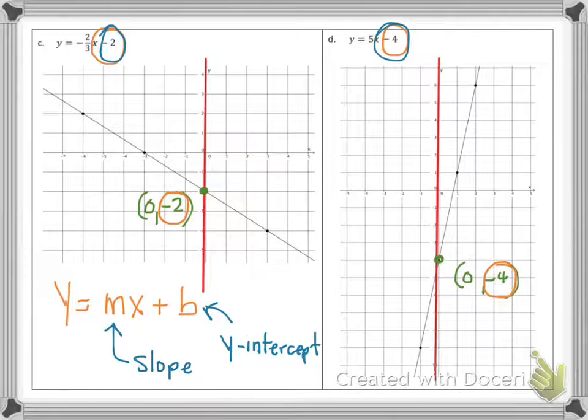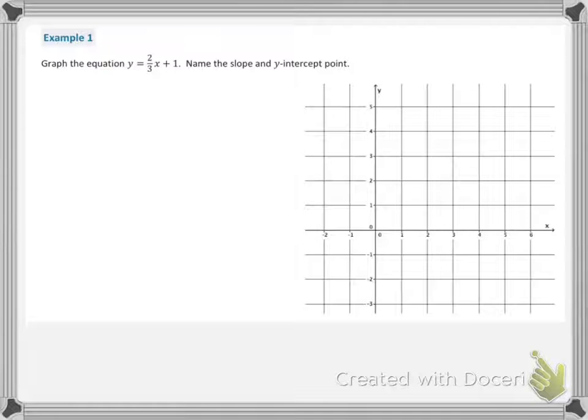All right, so now if we see a line in slope-intercept form, we should be able to say exactly where that line crosses the y-axis. And here we do. We have y equals mx plus b. So I know that b is a positive 1, and that means I'm going to cross the y-axis at positive 1. I know that's one of the points on my line. Now, how do I know that?